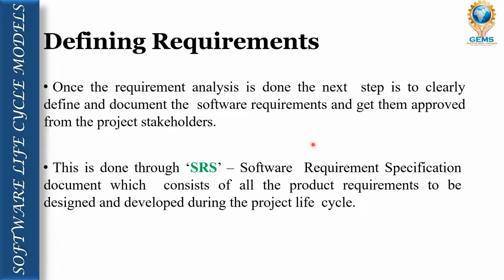The software requirement, and then finally once the defining and documenting is done, we can go for the approval from the project stakeholders. Dear students, defining requirement means once the analysis of the requirement is done, the next step is to define and document the software requirement. And once documentation is done, then we can go for the approval from the project stakeholders.